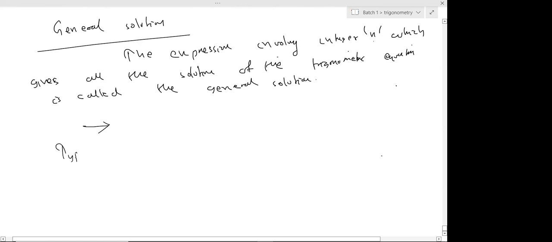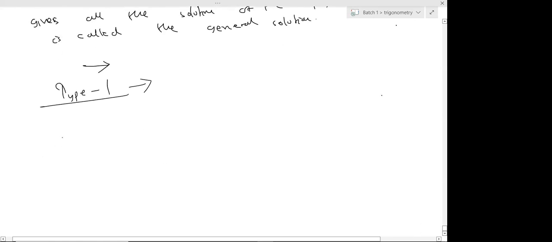Type 1 question. If you see sine theta is equal to 0, they are asking at which angles sine becomes 0. So the answer will be theta is equal to n pi, where n belongs to integers.